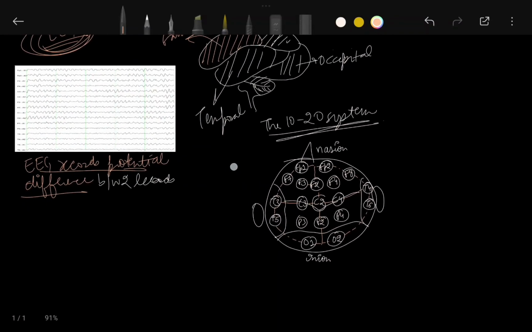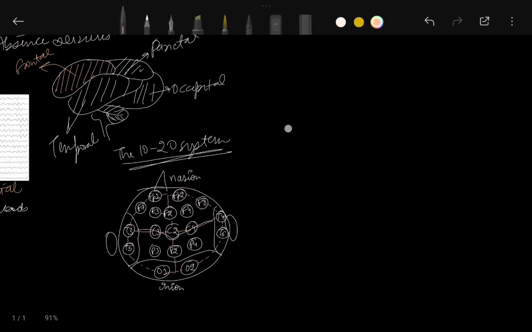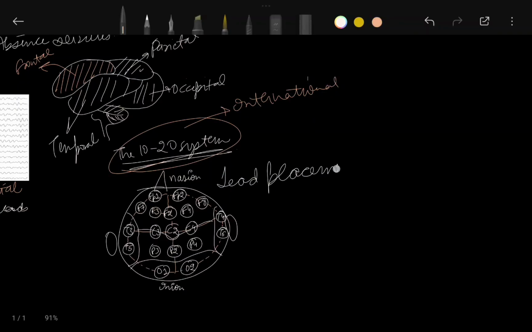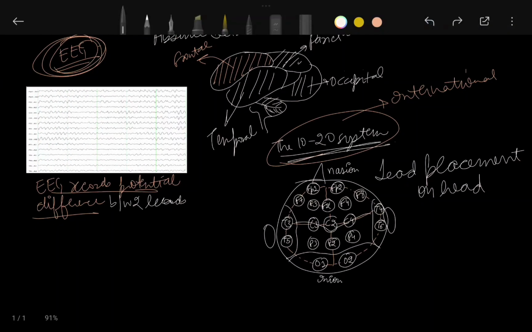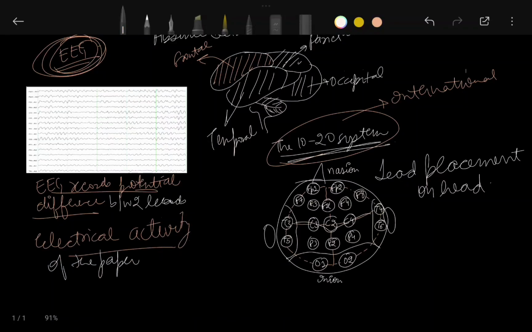This is a normal EEG, and EEG records the potential difference between two leads. Now, the 10-20 system is an international system which was adopted in India later on, and in this there is lead placement on the head. As you can see, the electrical activity of the brain is digitally recorded on the paper.